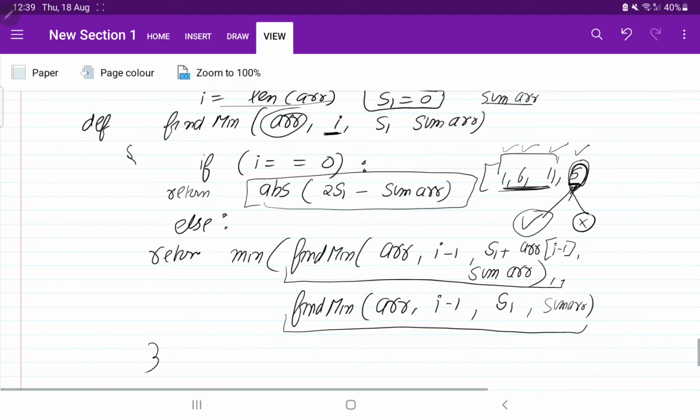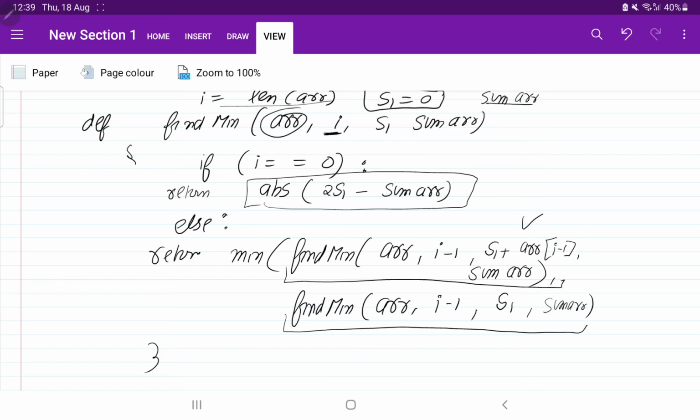So this is the solution. This was a very easy solution. This is a recursive solution. Here we have written the base condition, then the choice diagram, and this is our final solution.